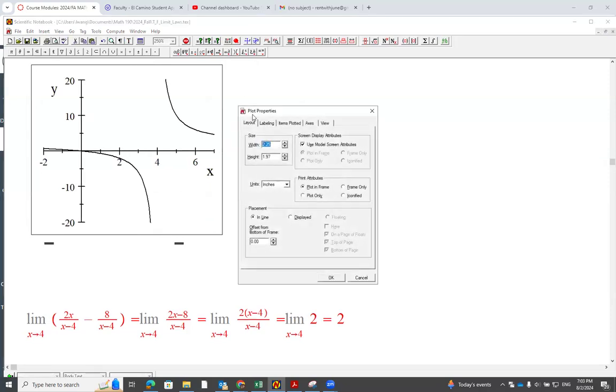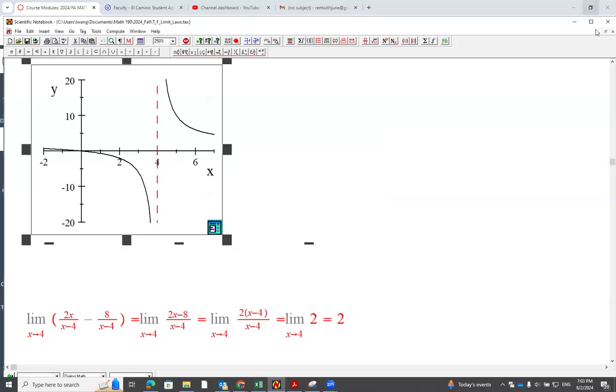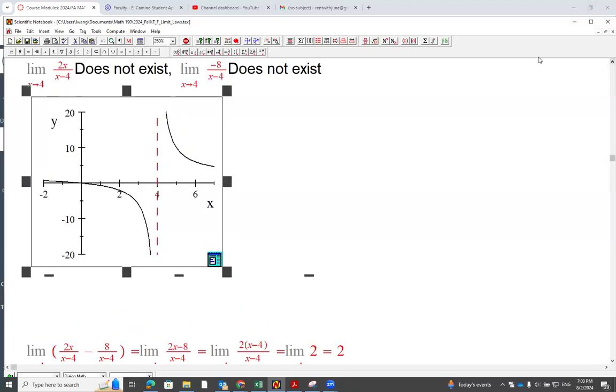There's a vertical asymptote, which I'm making red and broken there. So this also tells us that this function does not have a limit as x approaching 4.